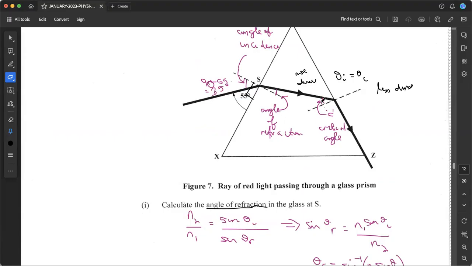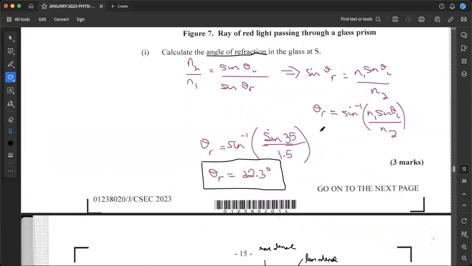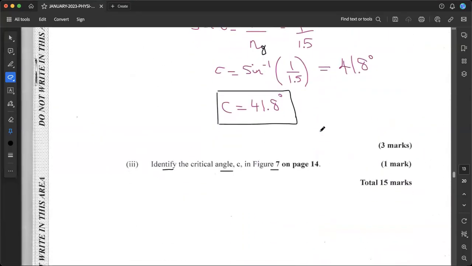So this is our incident ray, this is our normal. And so this angle here will be our critical angle, and it's the angle at which the refracted ray is just grazing along the surface of that prism or whatever the medium is. So this right here is our critical angle, and that's for 1 mark. They want us to identify that, and then we are good.